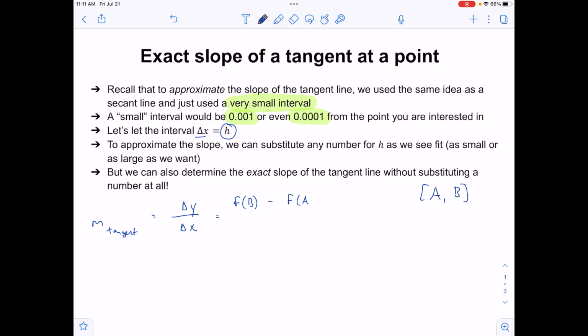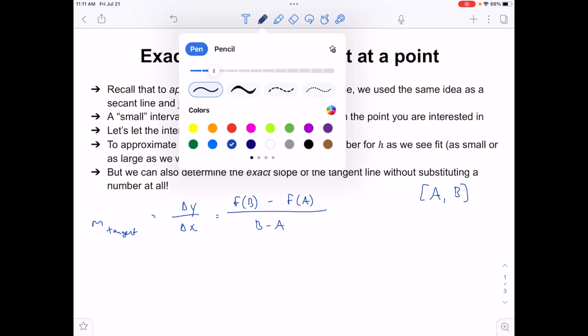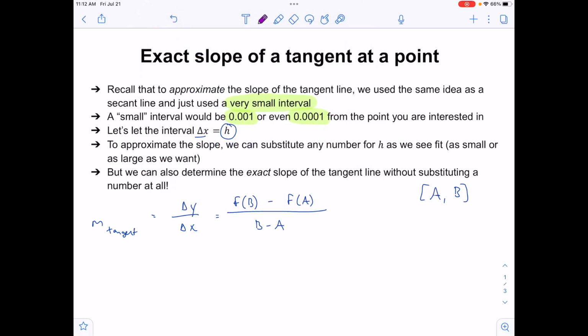Take away my function at A, all divided by B minus A. But what we have just said is we can actually change what this B value is. The B value is if we were to start at our A, but then we're adding our really small interval, so h, A plus h.